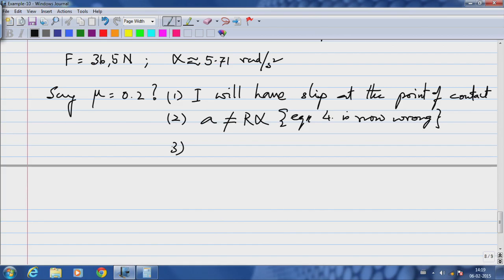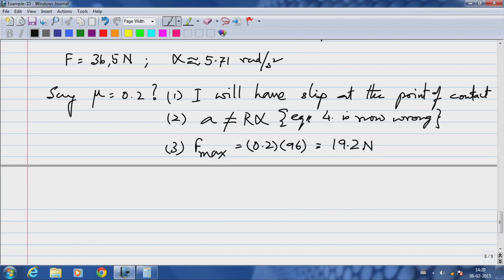But what I do know is that F max is now 0.2 times 96, which is only 19.2 newtons. F max is now 19.2 newtons, but I need 36.5 newtons of force at the point of contact to sustain no slip.